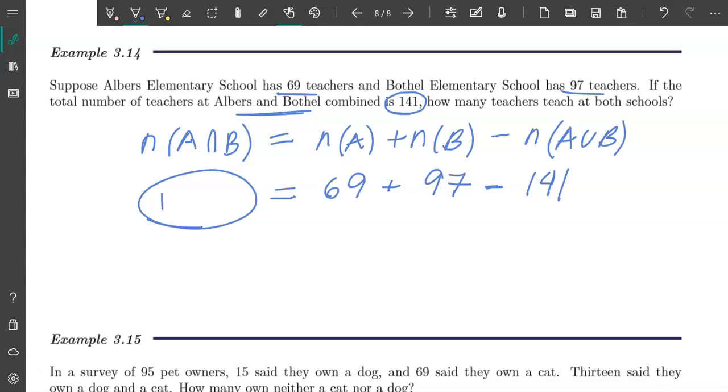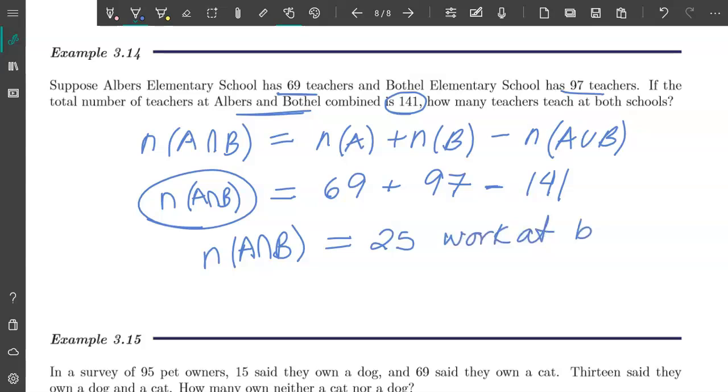So if we have this being our intersection here, that's really the A and B. So the number in A intersect B, just do these calculations here, and we get the 166 minus 141, we get 25 work at both.